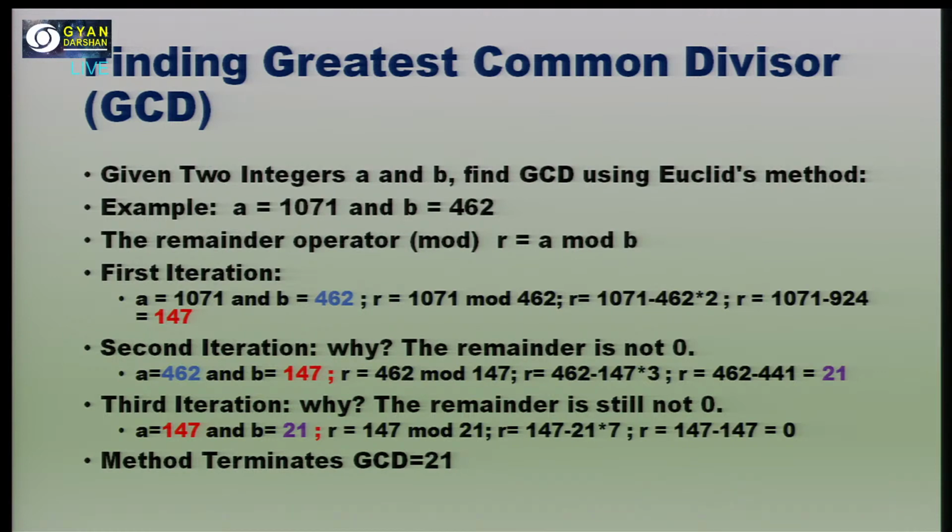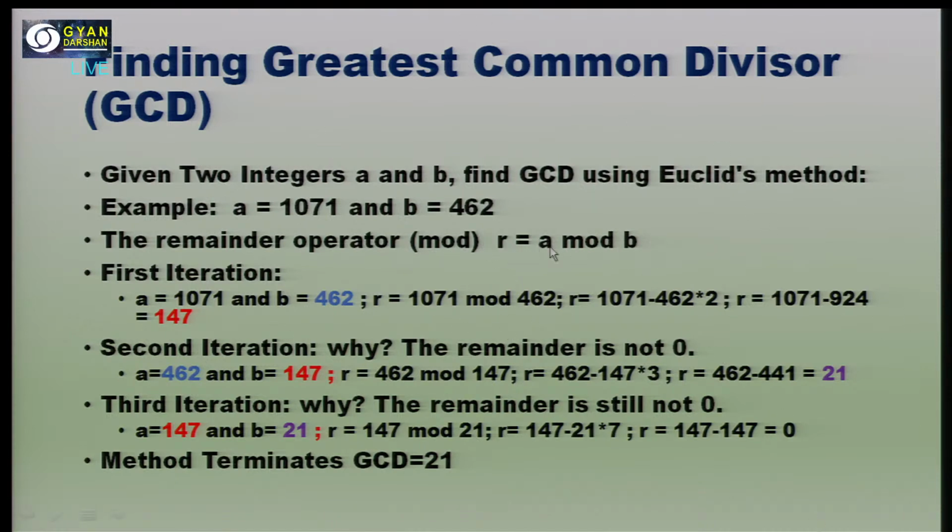using Euclid's method. In this particular case, we are going to take an example with the value of a as 1071 and b as 462. Now, what Euclid said is that you can use the remainder operator, which is called the mod or modulo operator, where remainder R equals a mod b.